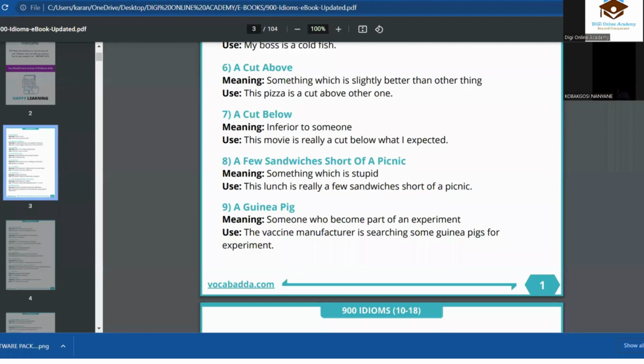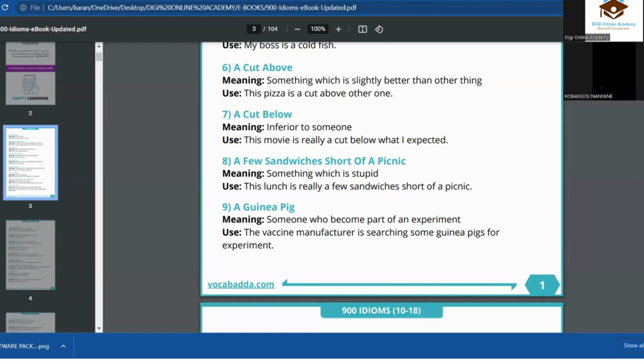Type the spelling, and then hear how it is pronounced. This is how you find the pronunciations. Guinea pig, right?